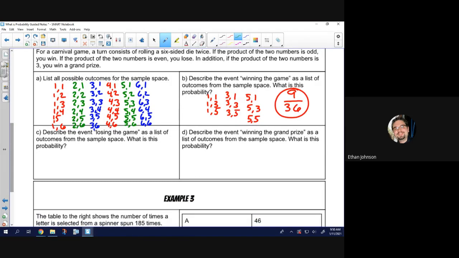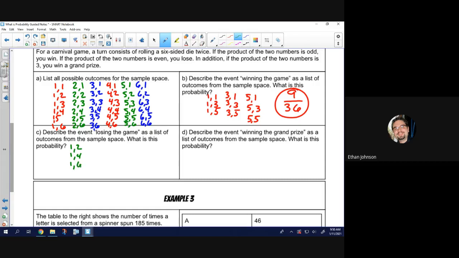Looking at C, describe the event losing the game as a list of outcomes. So in other words, the events that we did not list in B, we are listing in part C. So that'd be a 1 and a 2, 1 and a 4, 1 and a 6.